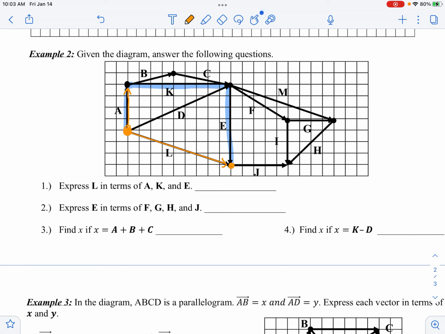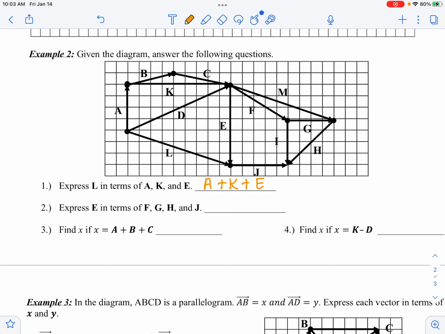I'd start here, and that means I'd go in this direction first, and that's A, okay? And now I would follow this way, and that's a positive K, so plus K. And I'd go in this direction, which is the same direction E's going, so plus E. So A plus K plus E.